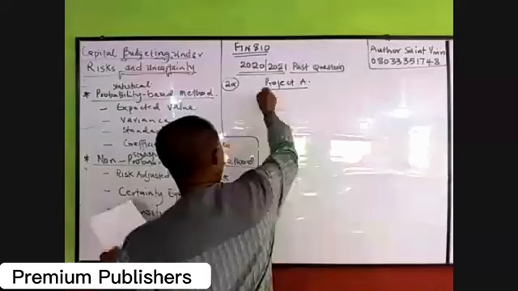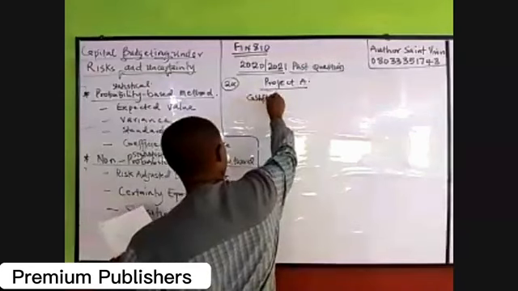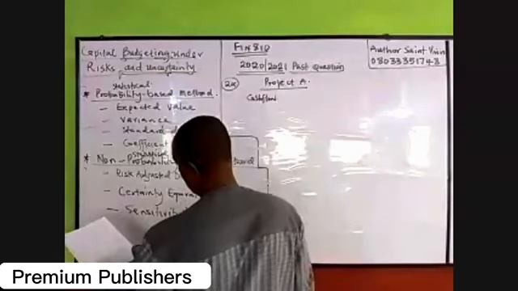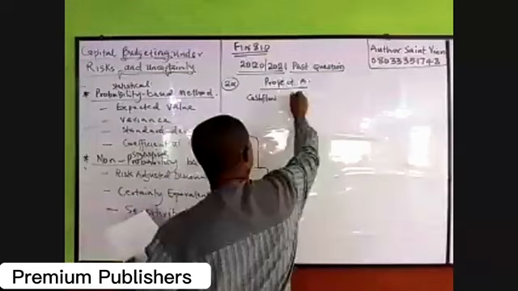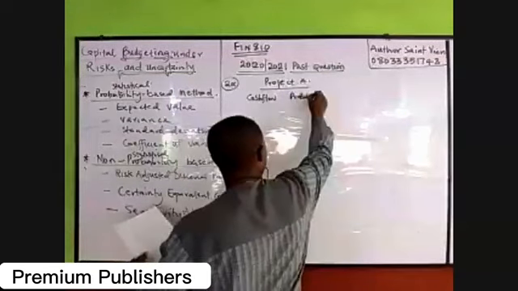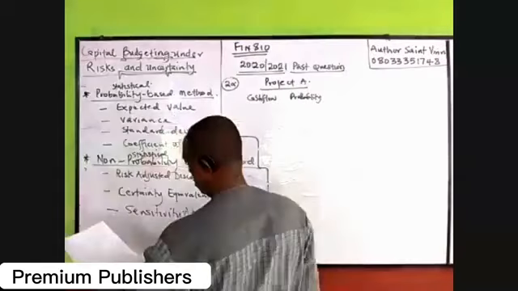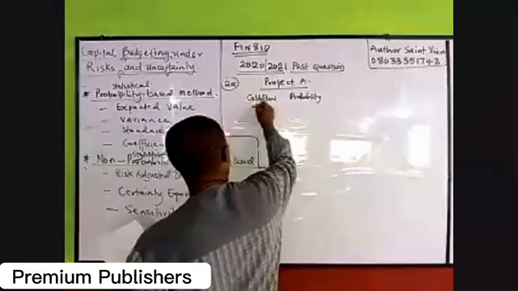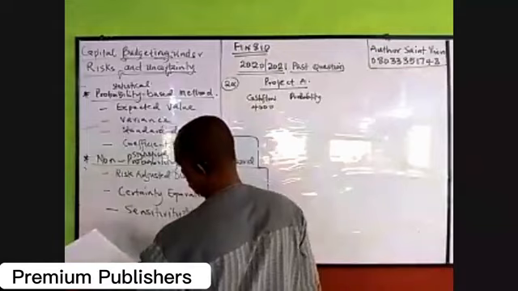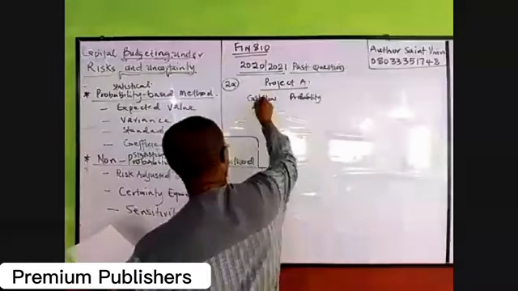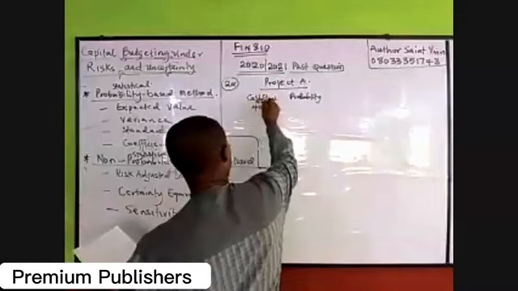You have project A. Project A, we have cash flow and probability. First one is 4,000, the first event. It's even in million, but that's not a problem.